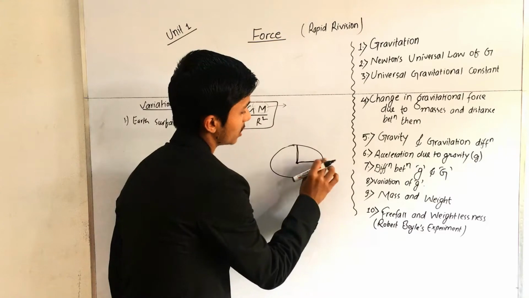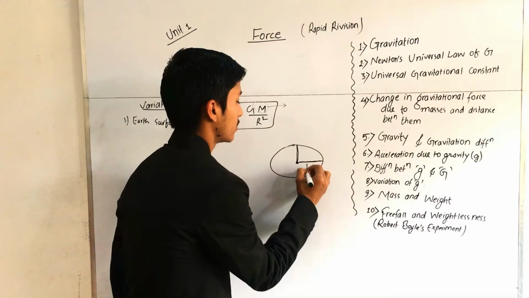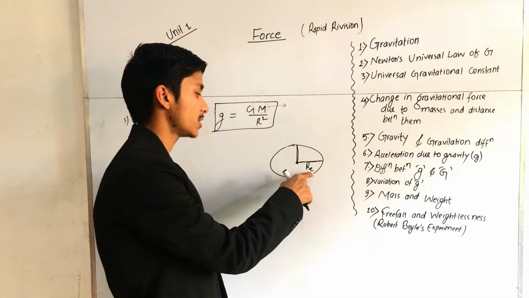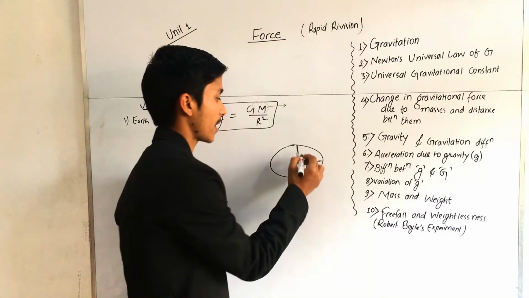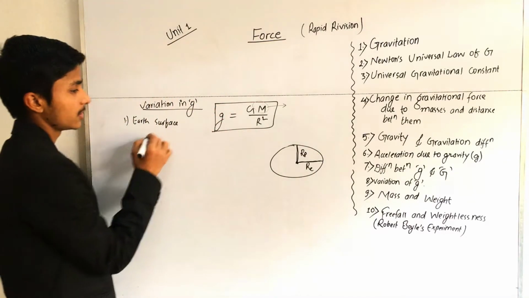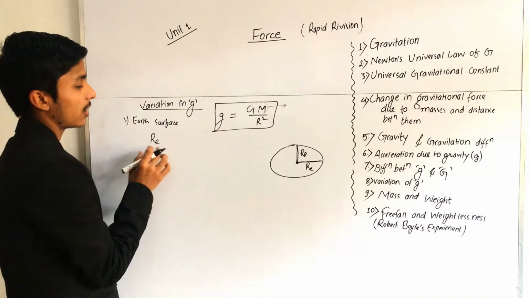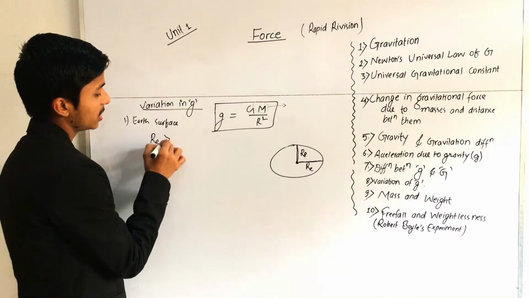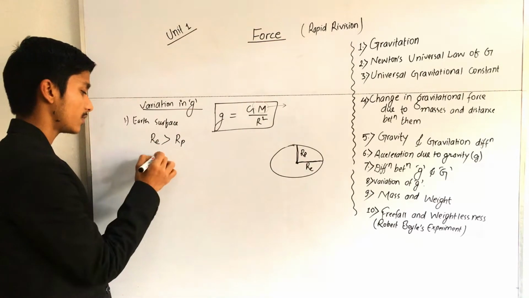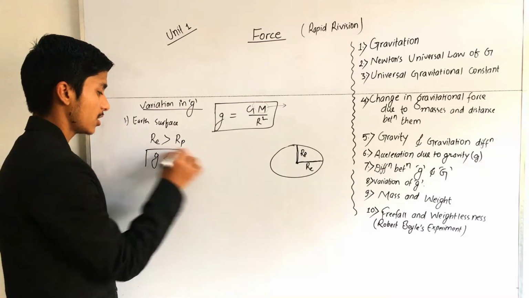In the equator we can see the radius of earth is greater, and this is the radius of the earth at the pole. Since the radius of earth at the equator is greater than at the pole, the value of g will be changed, just opposite.